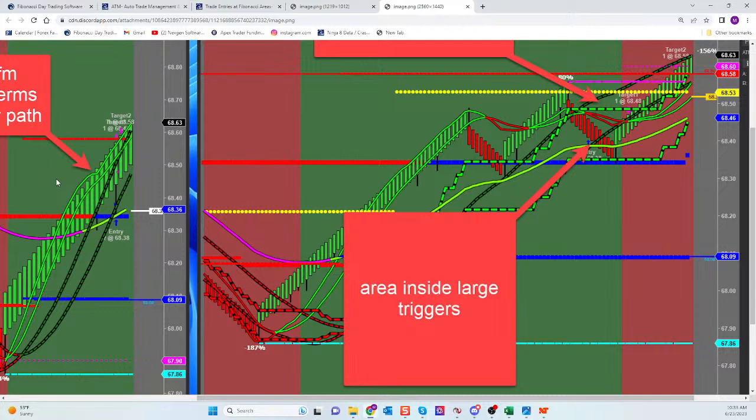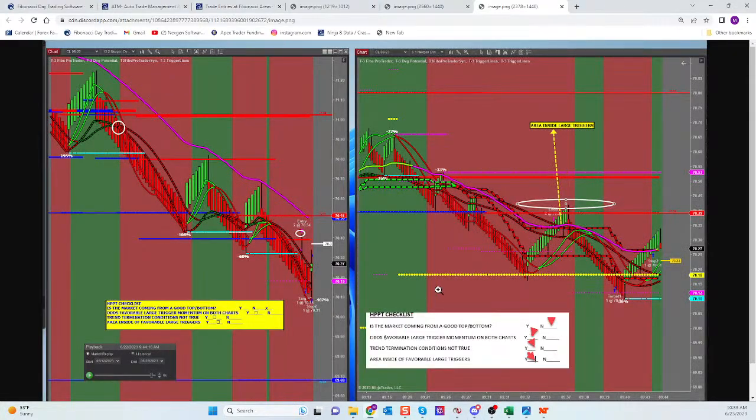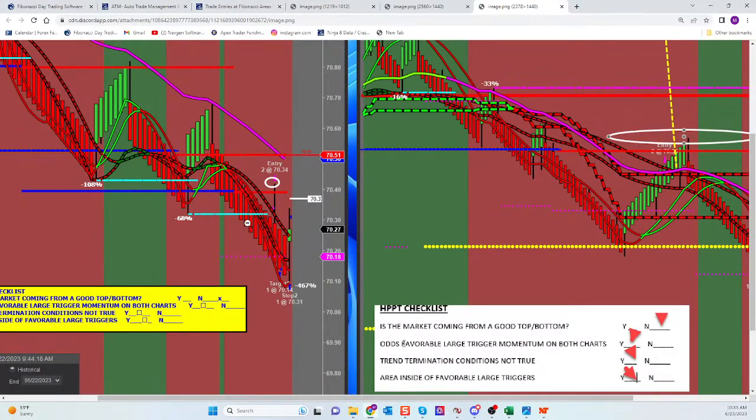You'll have to look at it and say to yourself, well, it's close. Maybe I'm not taking it. I'm almost there, but I'm not. Or you'll just say, everything says down, everything is strong. Look at this pullback to resistance inside of favorable large triggers, and the market continues down.